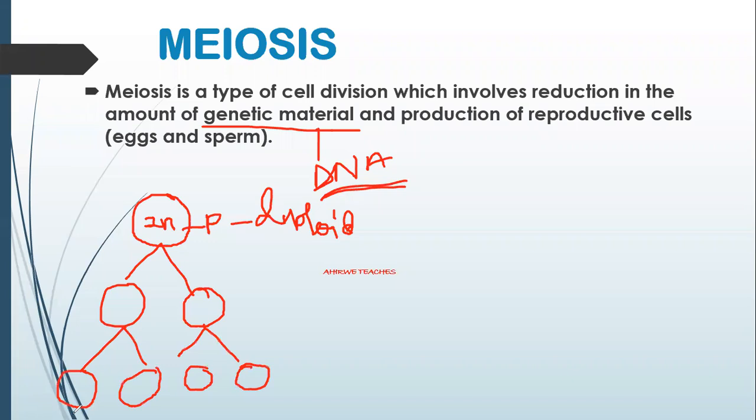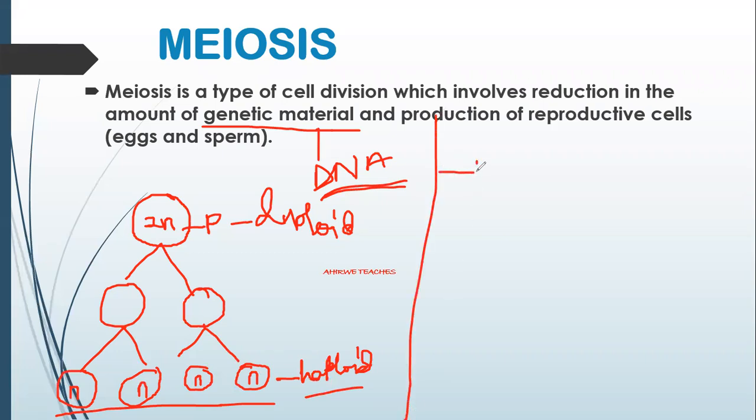Each of the daughter cells formed is going to have half the genetic material. It is usually represented as N, and this N is known as haploid. So this is meiosis. And it occurs in reproductive cells, during formation of reproductive cells. And when I say reproductive cells, I mean the sperm and the ovum.